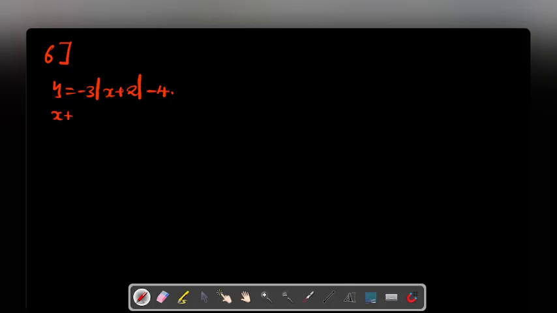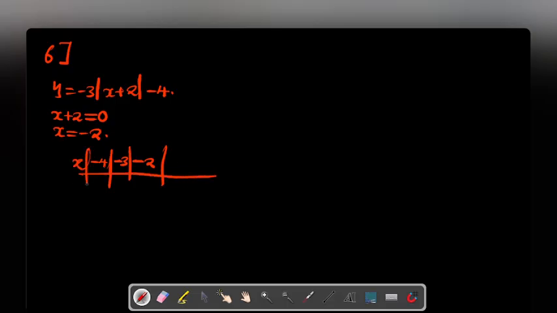So we have x plus 2, and we need to set this to 0. So we have x equal to negative 2. Given this value, from negative 2 we move backwards 2 units. So we have negative 3 and negative 4.